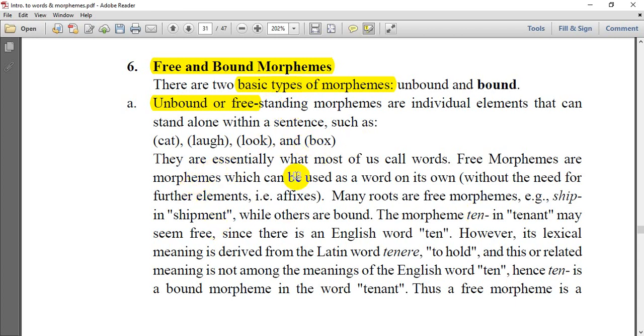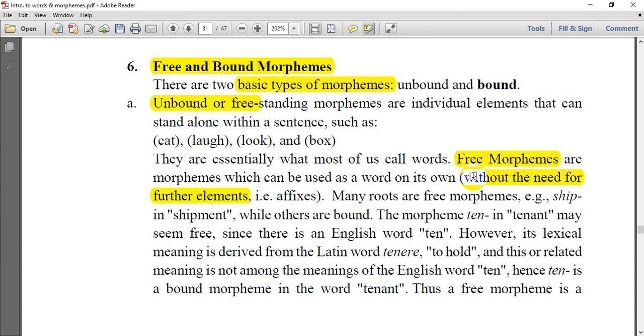They are essentially what most of us call words. Free morphemes are morphemes which can be used as a word on its own, without the need for further elements.